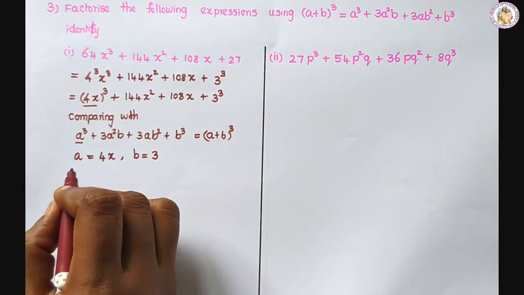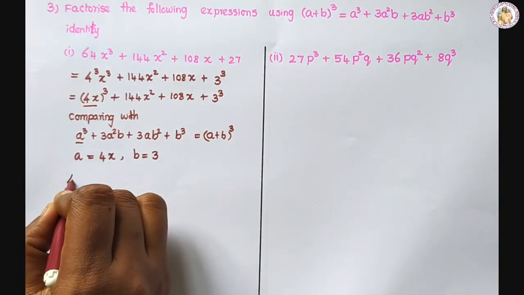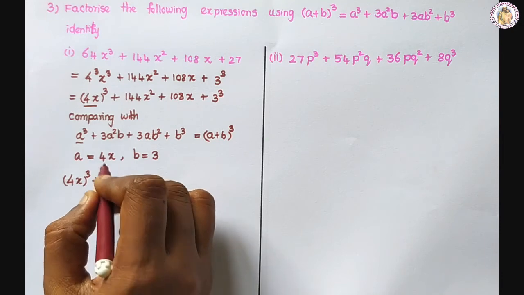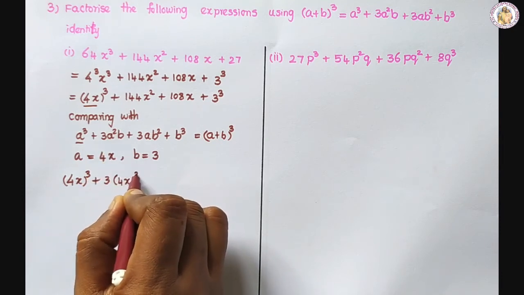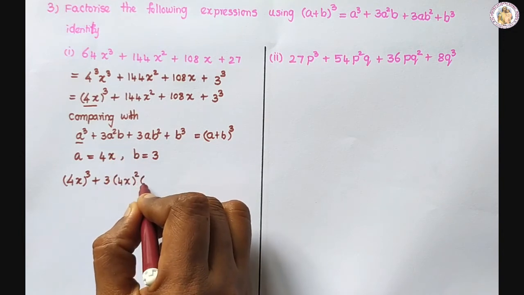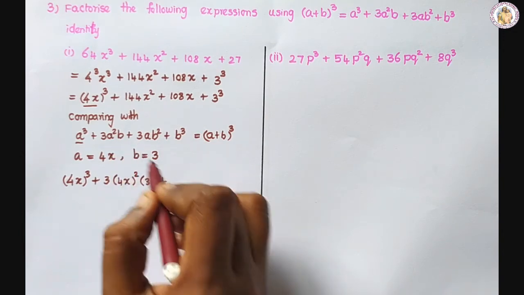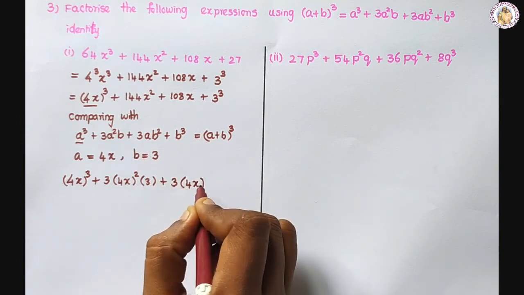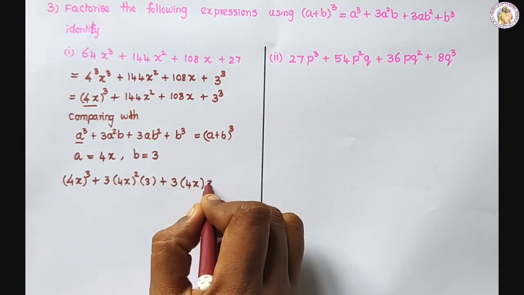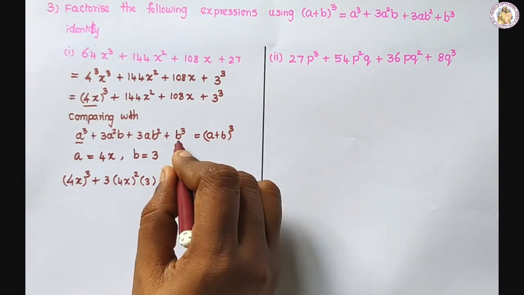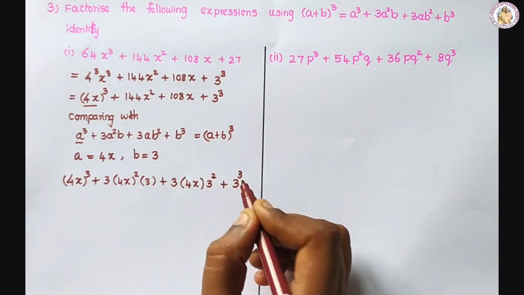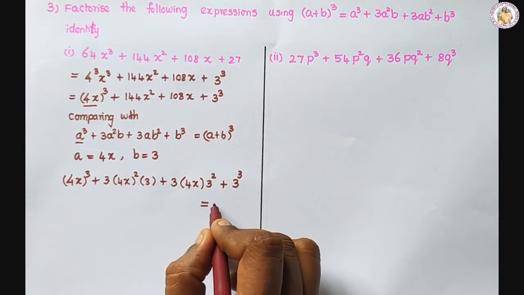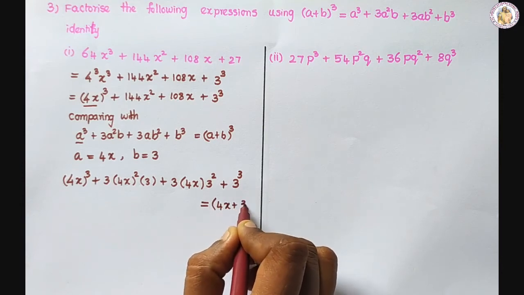Now write the expression fully. A cube, that is 4x cube plus 3a squared, 4x squared into b, 3, plus 3 into a, that is 4x, into b squared, that is 3 squared, plus b cube, that is 3 cube, equal to a plus b, 4x plus 3 whole cube.